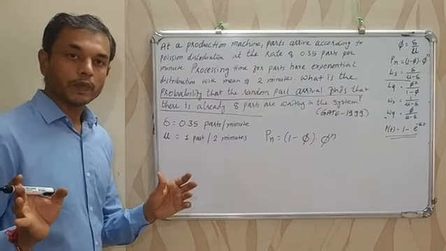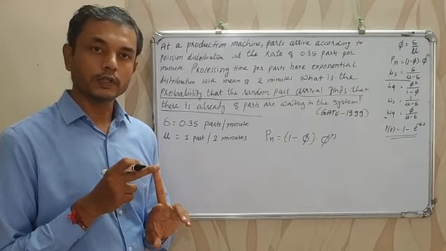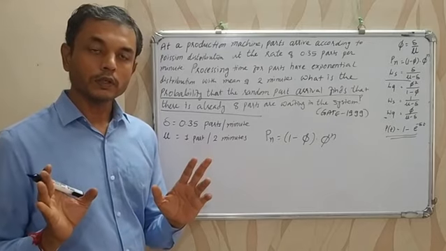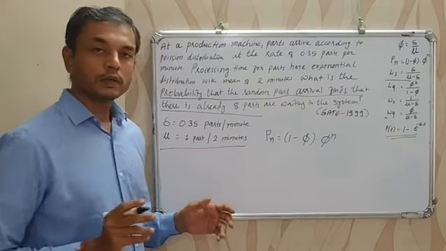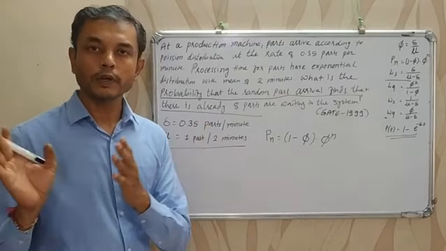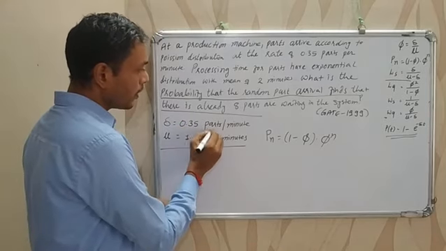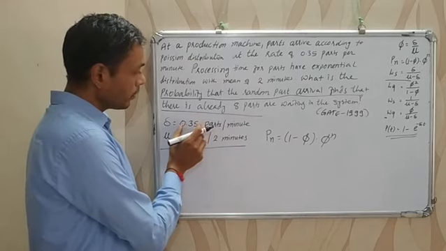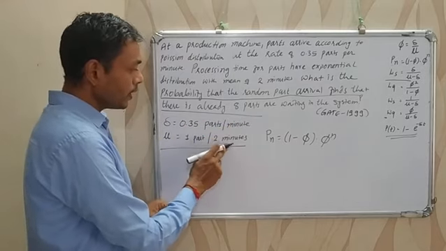Now see here, as we have discussed earlier, arrival rate and service rate both have similar units, that is customers per unit time. Here the arrival rate is 0.35 parts per minute, but the service rate is 1 part per 2 minutes.